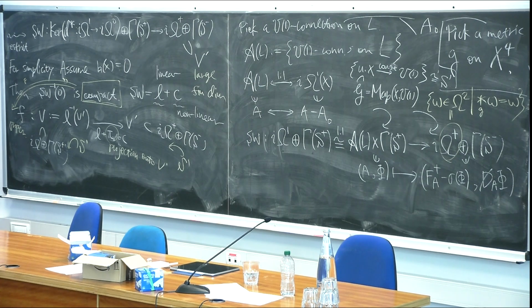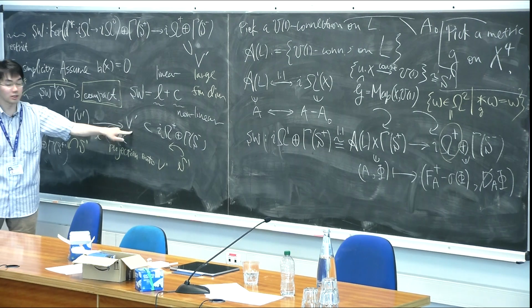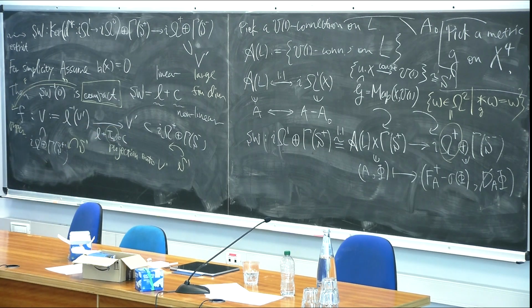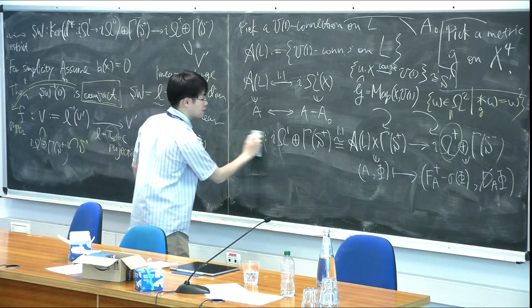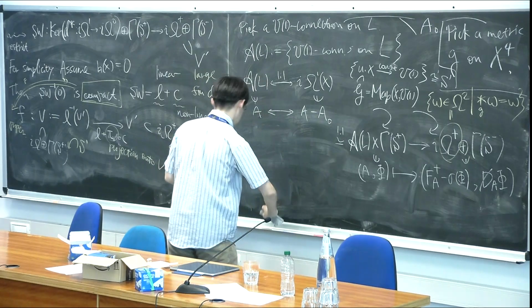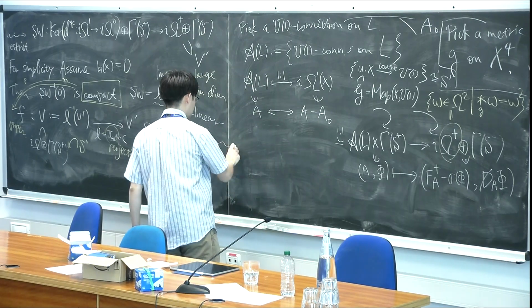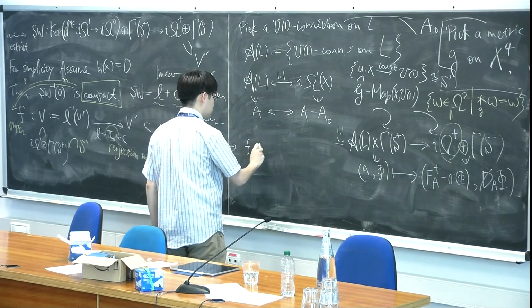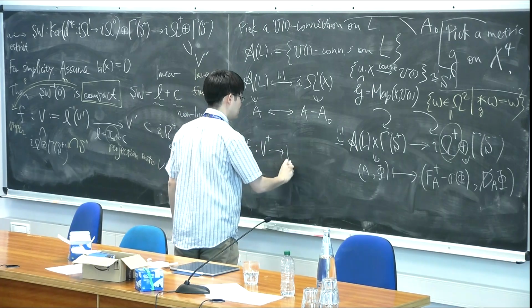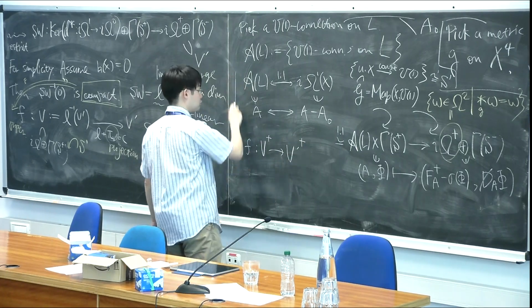And once you get a proper map from a finite dimensional vector space V to a finite dimensional vector space V prime, you can compactify it continuously. So whenever you have a proper map, you can compactify it. Last line I'm going to write: you can compactify, and you get a map from V plus to V prime plus.